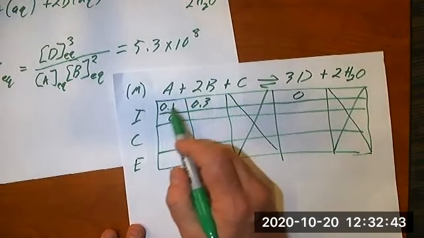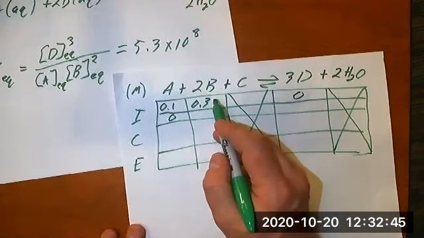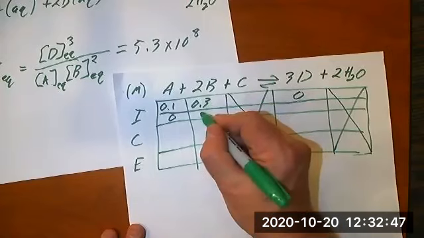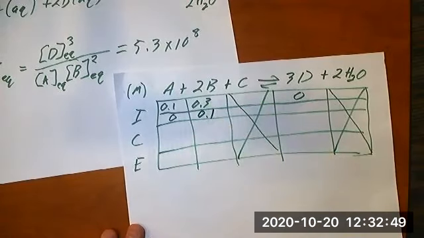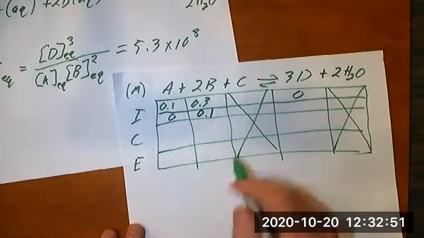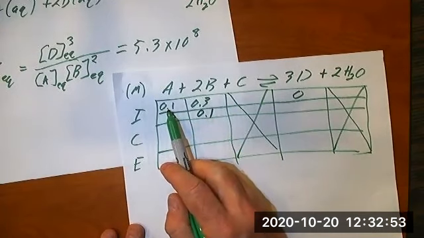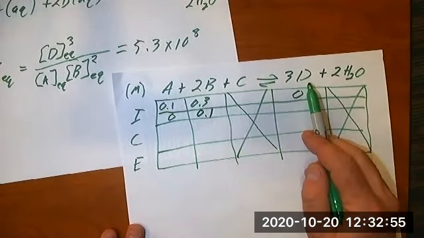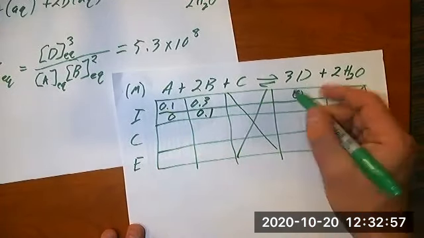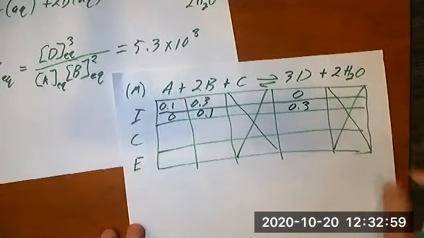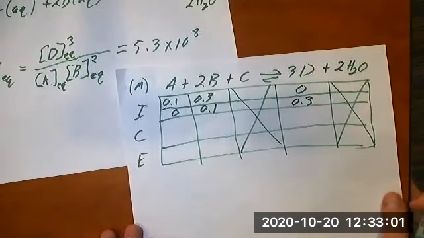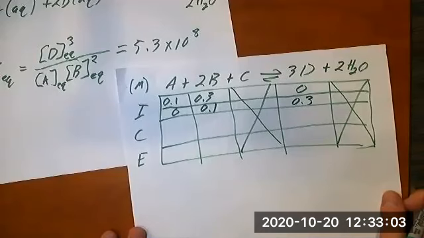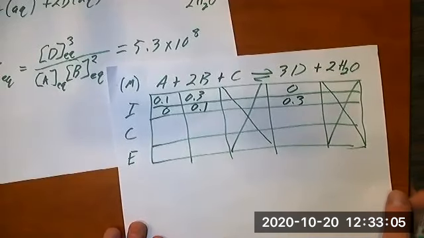If 0.1 of A reacts away, 0.2 of B reacted away, leaving us with 0.1 left. If 0.1 of A reacted away, 3 times that much of D appears, so this becomes 0.3. Everybody follow that step?